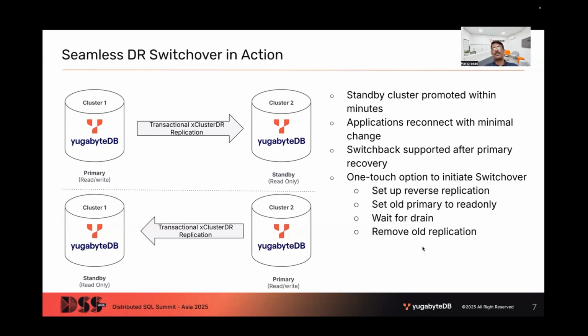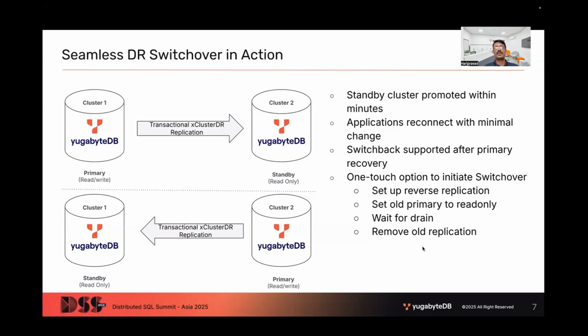So how do we achieve this? Your standby gets promoted within minutes, and you can redirect your application connections to your target site through application connection string changes. Right. So it's again a one-touch option.